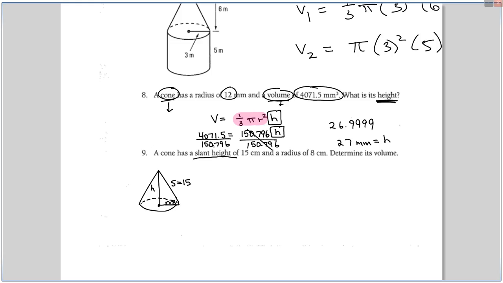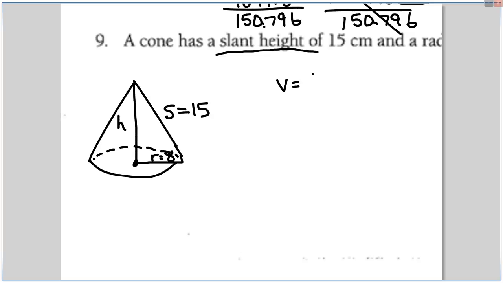Determine volume. So volume is 1/3 pi r squared h. We don't have h. Okay? What do we have? The radius and the slant. What shape does this make? What kind of triangle? Right angled triangle. Square angle. Good. So you have this square angle right there for a right angled triangle. Are you solving for a long side or a short side in the Pythagoras?